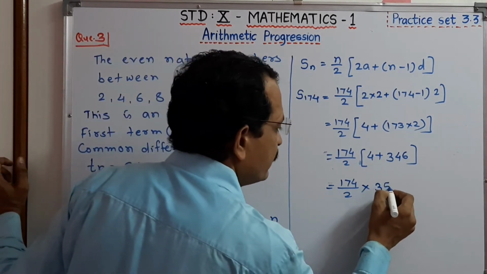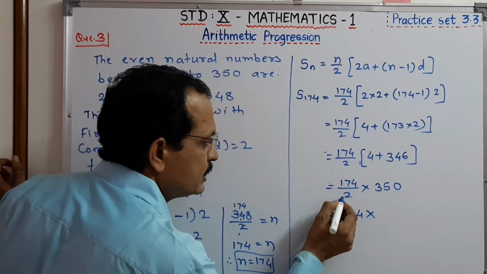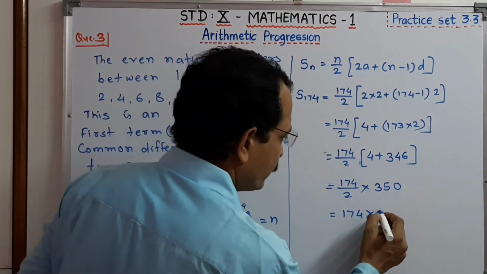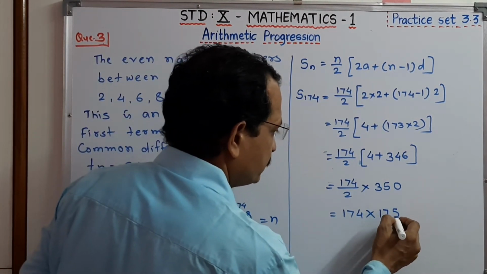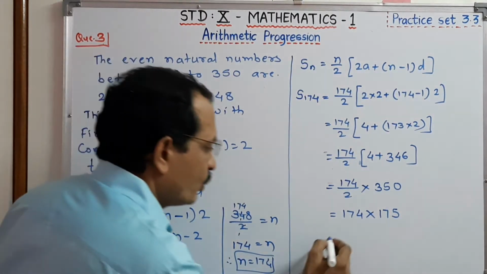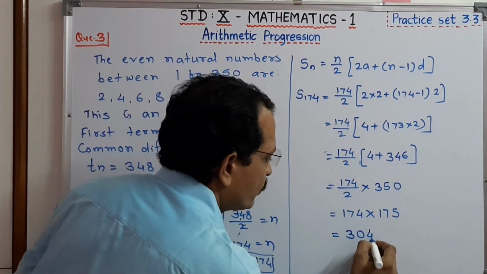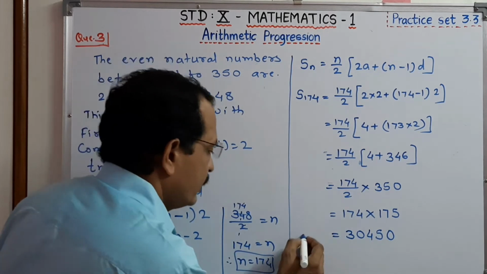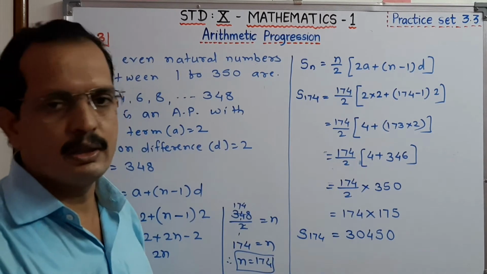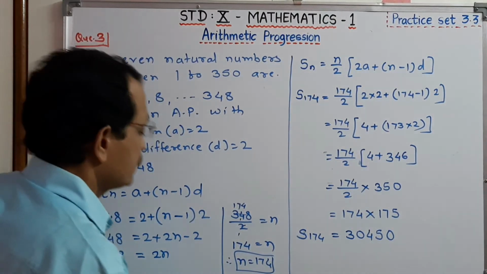It is 350. Now 174 into 350, divided by 2, the half of 350 will be 175. Got it? Now we multiply this, it will be 30450, and therefore S174 is equal to 30,450.